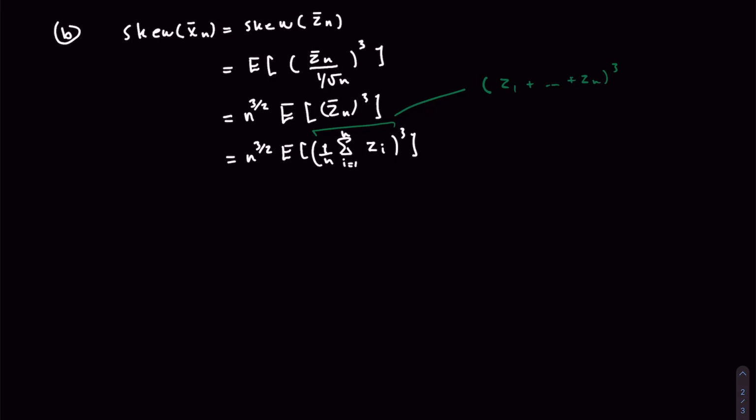Okay, so when we multiply out this, we will end up having terms like zi cubed.